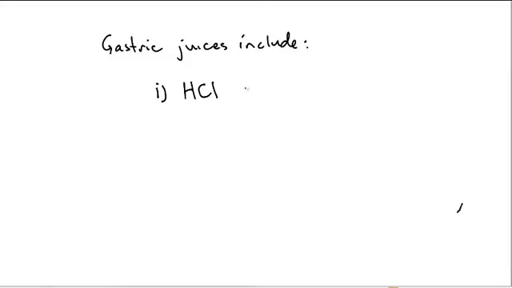If you're not comfortable with HCl representing hydrochloric acid, write that whole thing down. Write it right here. Hydrochloric acid. Okay, but from now on, we're just going to refer to it as HCl.